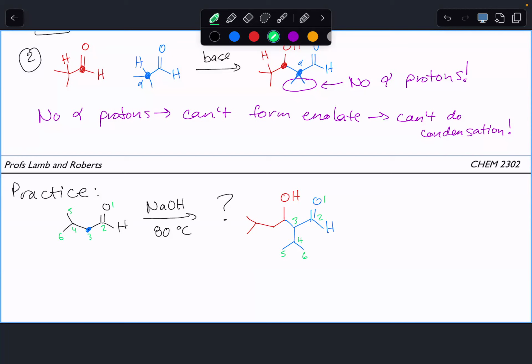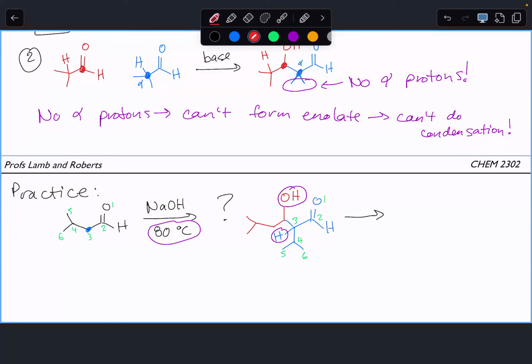So that's how I would approach that problem. And then I check, okay, I did my aldol addition. Do I stop there? No, because this is specifying heat. So that means I need to keep going if I can. So then I check, do I have another alpha proton? Yes. Alpha proton, OH, we're going to eliminate.